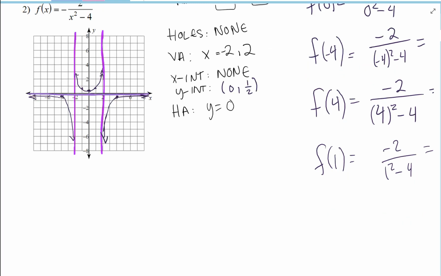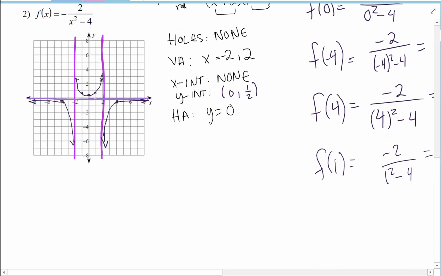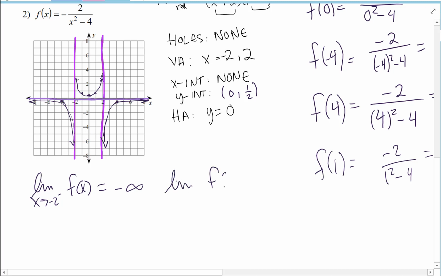Now that we know the behavior as we're approaching those vertical asymptotes, let's go ahead and write them as limits. The limit of f of x as x approaches -2 from the left, okay, we're going down, so that's -infinity. The limit of f of x as x approaches -2 from the right, oh, we're going up, so we're going toward infinity.